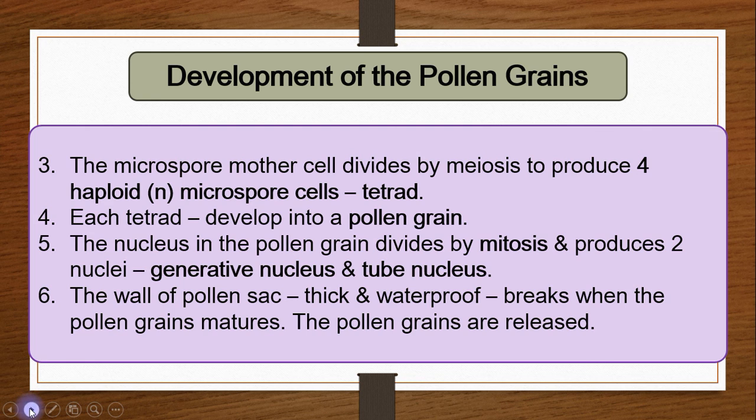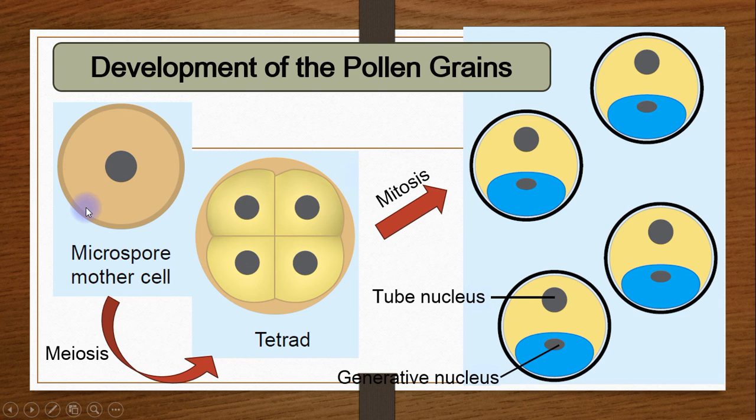Okay, let's take a look at the diagram. Maybe in the diagram it's easier for you to understand. How does the pollen grain develop? It starts with the anther consisting of four lobes, four pollen sacs. One pollen sac contains hundreds of microspore mother cells.